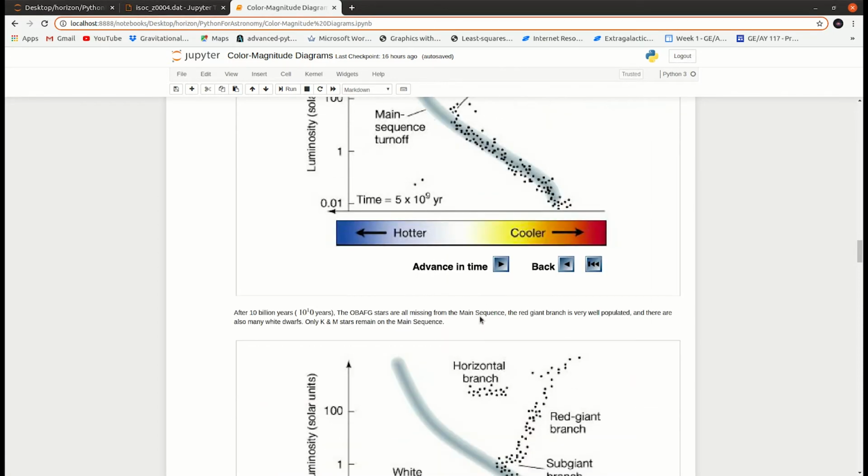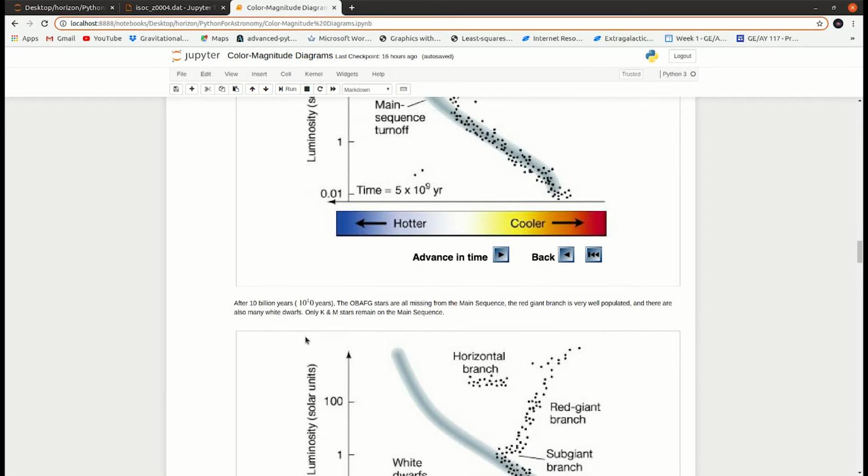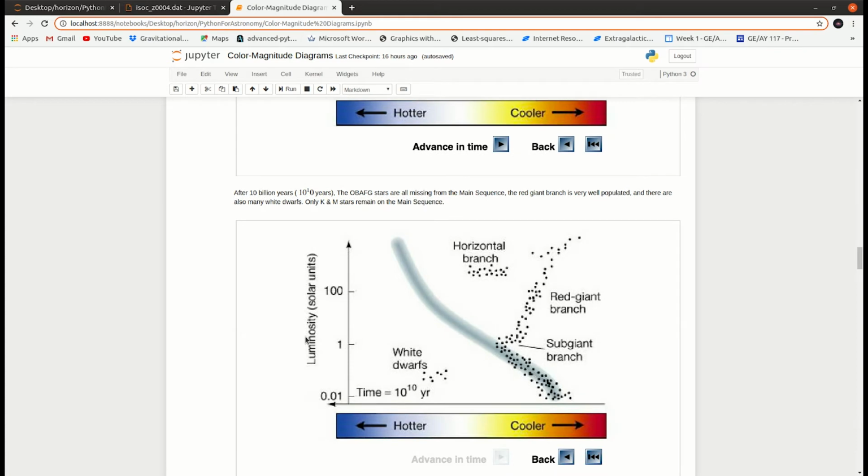Now after 10 to the power 10 years, or 10 billion years, you can see all of the O, B, A, F, G stars are missing from the main sequence, and the red giant branch is really well populated, and there are very few stars in the main sequence.